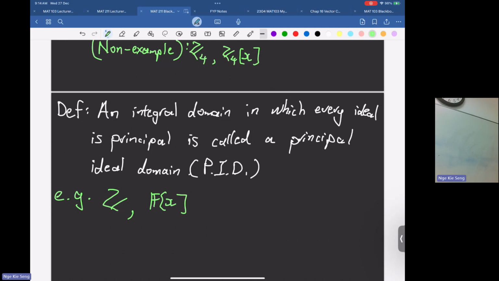Every ideal in the polynomial ring over a field is generated by one polynomial, the unique monic polynomial of smallest positive degree. This is what you use to show some of the questions in the assignment.